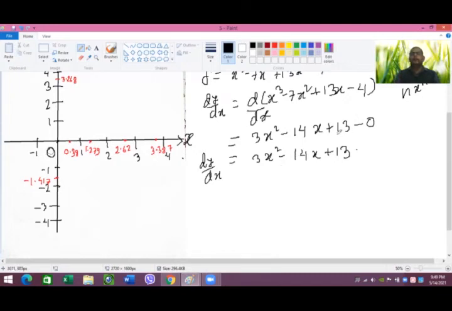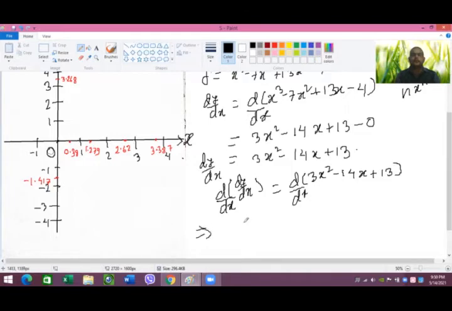And as you know that while finding the maximum and minimum point by using the derivative method, we require second order derivatives as well for the same function. So second order derivative means we take d/dx of dy/dx. That means we are going to take the derivative of this derived function, 3x squared minus 14x plus 13.